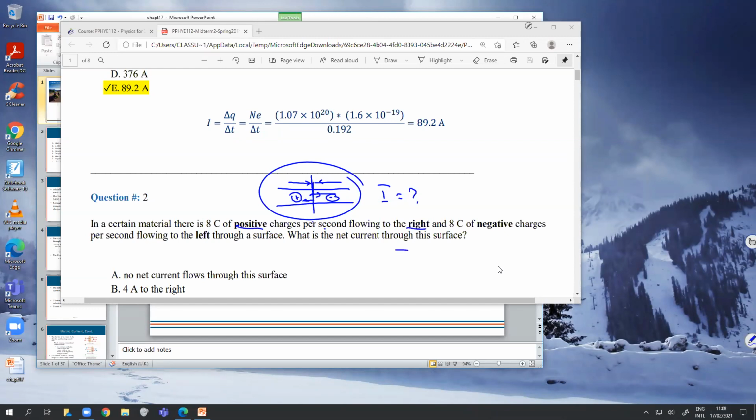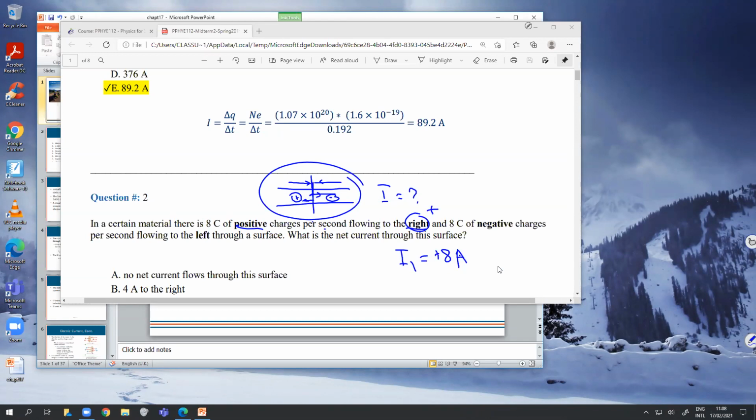So I'm going to call that current I1, due to the positive charges. It will be 8 coulomb per second, meaning 8 amperes, and its direction is to the right, because the current direction will be the same direction as the charge flow if the charges are positive. So I'm going to take the right side as my positive side, so plus.